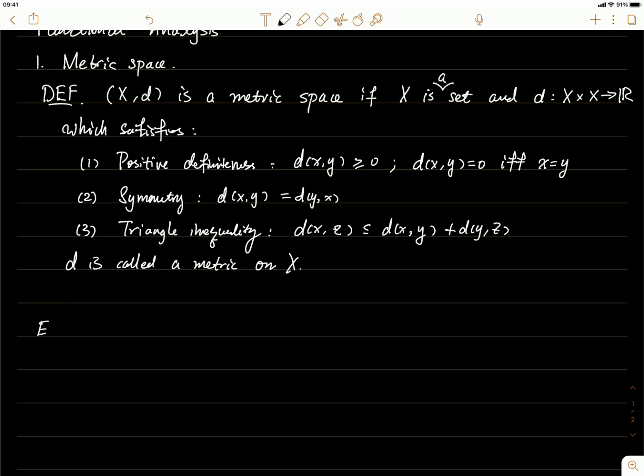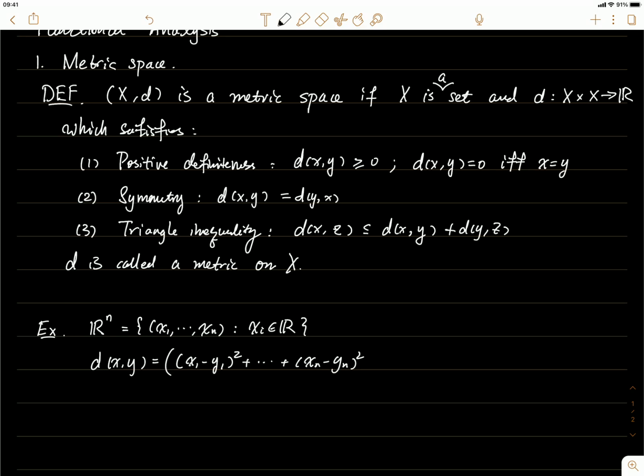The first example is the most common one, which is the Euclidean space. So remember that in R^n, it's just a set of points or set of vectors such that each component is in R. And in this case, we can define the distance between 2 points to be the square root of (x1 minus y1) squared plus all the way to (xn minus yn) squared.